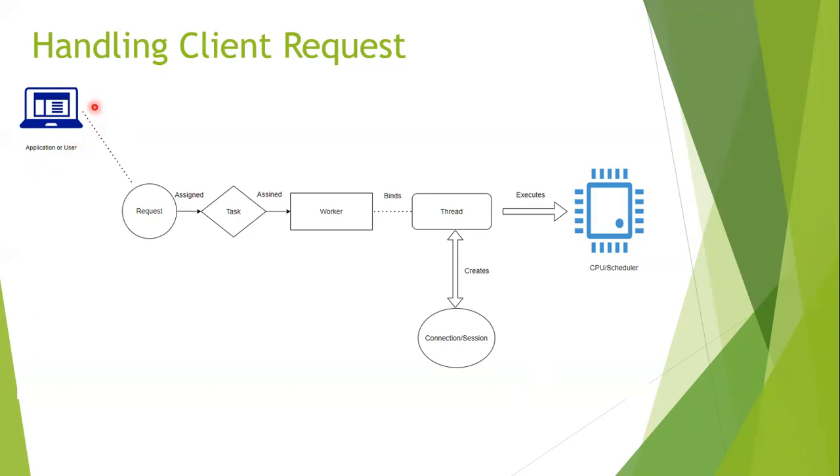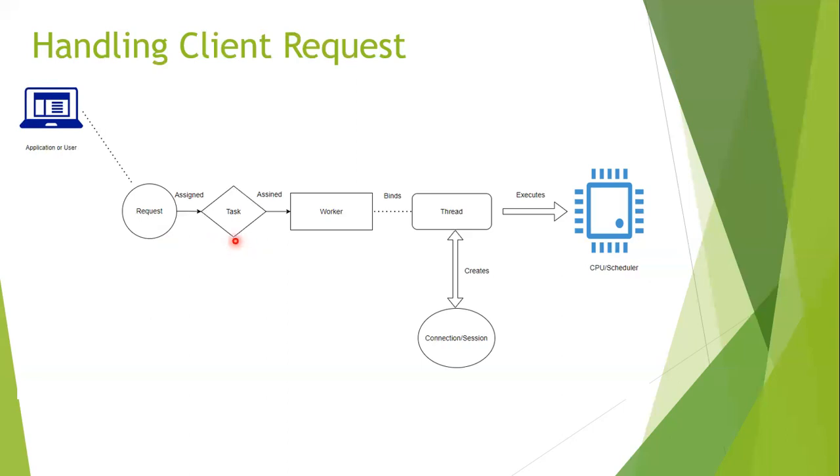What will happen whenever you execute a query? That query is converted into what we consider a user request. Whenever the user makes a request, it will be assigned to a task, so a task will be created and the request assigned to that task.